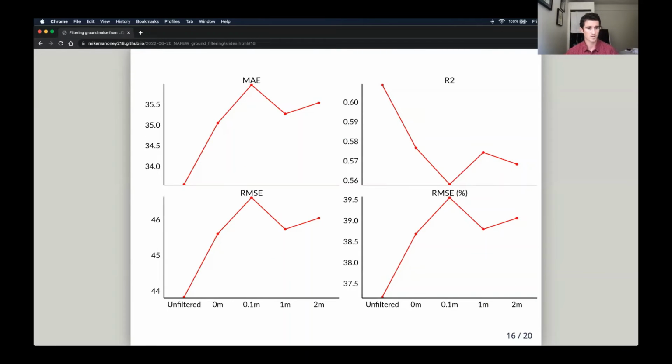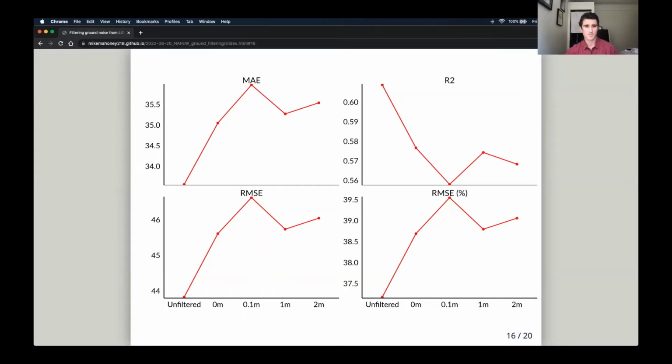So we fit our models to these predictor sets, and we assessed their accuracy against FIA measurements through leave one out cross-validation. And we found that across New York State, our models generally got worse the more intensively we filtered, with error metrics like mean absolute error and root mean squared error increasing with filtering, and agreement metrics like R squared decreasing with higher and higher filtering thresholds.